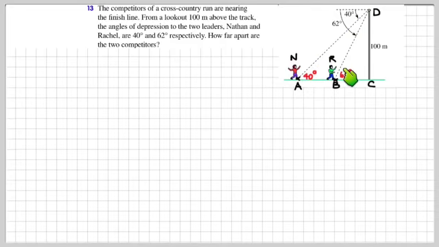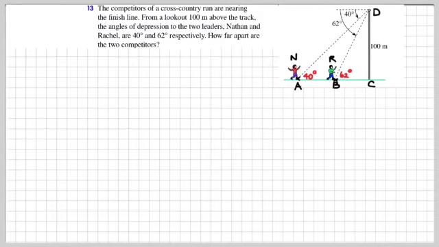And this 62 degree angle of elevation here for Rachel up to the person on the lookout would also equal the angle of depression of that person looking at Rachel, okay? They're alternate angles because these are both horizontal. Therefore they're parallel lines, okay? That's pretty important because I want to use those angles for the triangles which I've just notated there with the A, B, C and the D.